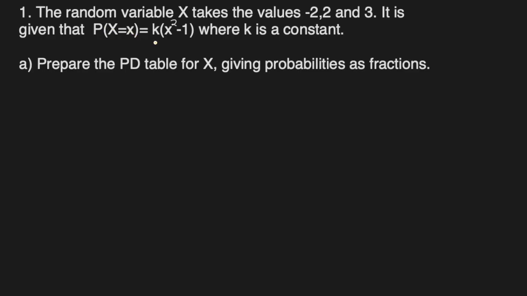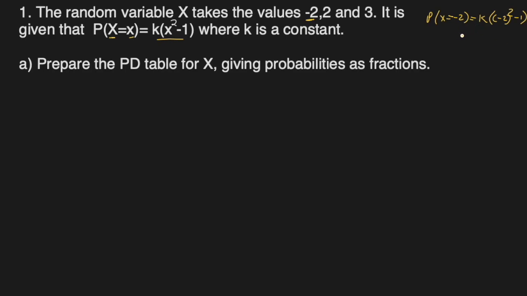Question number 1. The random variable x takes the values -2, 2 and 3, just 3 of them. It is given that the probability of x equal to x is k(x² - 1), where k is a constant. So if x is -2, the first value, then its probability will be k(x² - 1), and x in this case is -2.